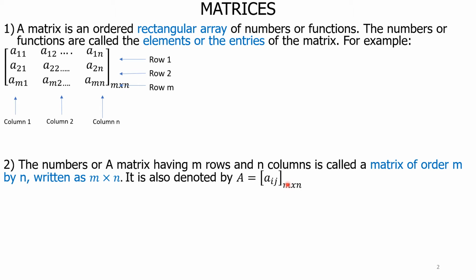First comes row and next comes the column. Point number 3: a matrix of order m by n has m into n elements. If you count the number of elements within this square bracket, you will get mn elements.